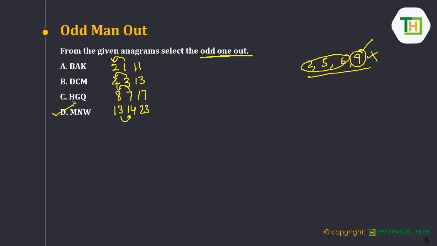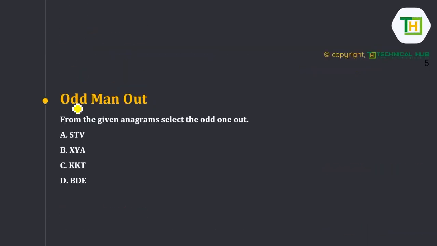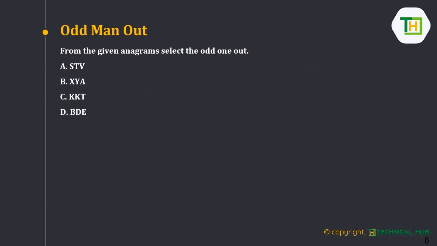So let's move on to the next question from odd man out. From the given anagram, select the odd man out: STV. What is STV? I know S is the 19th letter, T is 20, and V is 22. And X, Y, and A. X is 24th and Y is 25th.